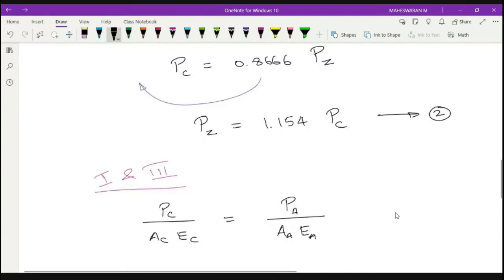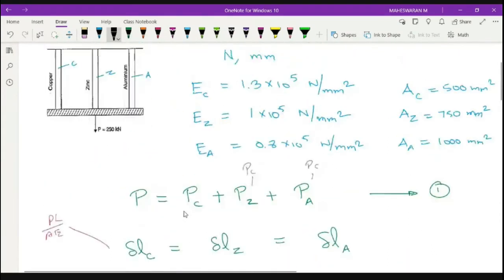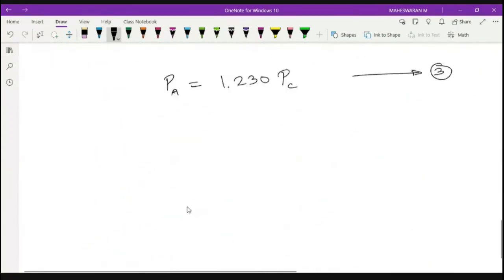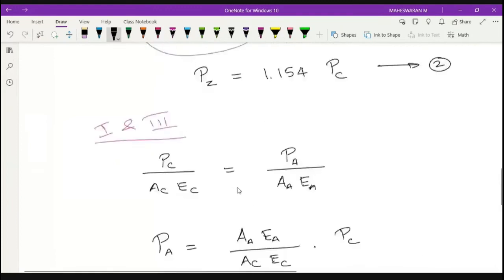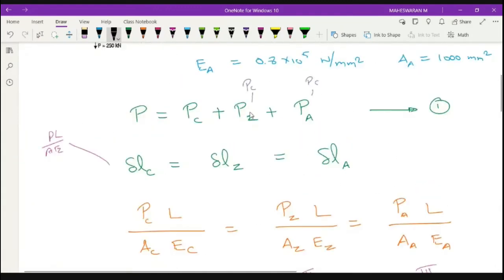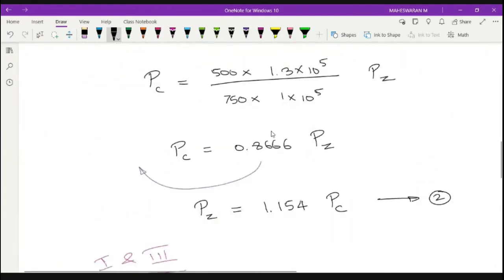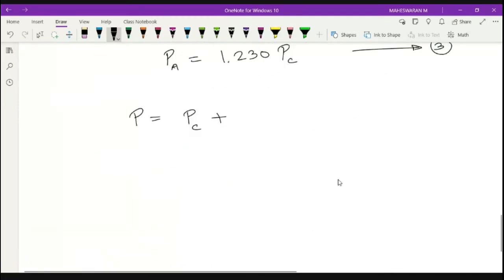Now substitute 2 and 3 in equation 1. P is equal to PC plus PZ in terms of PC, 1.154 PC, plus 1.230 PC.